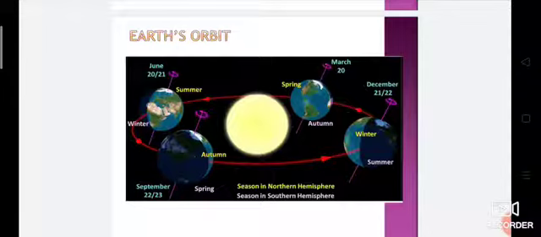Sometimes the sun is giving the earth the maximum amount of insolation because the earth reaches the minimum distance, which is known as the perihelion condition.